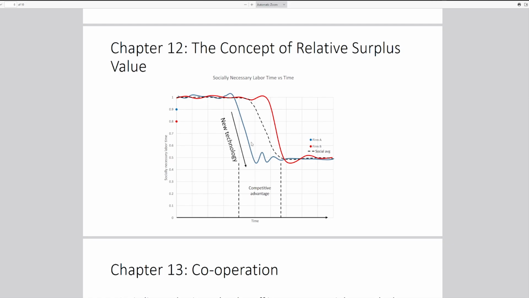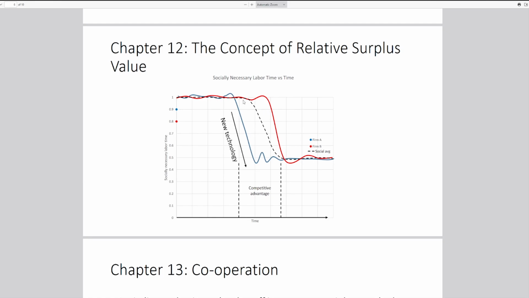In fact, they're selling things below their value. They're selling it below the social value, which is the dotted line, but above their individual. So somewhere in this region. And that makes a hell of a profit. Because you're selling something for a value equivalent to maybe 0.8 hours, but you're only producing it, in other words paying your workers, for 30 minutes of labor. So you're just getting a bunch of easy money in this period of time.